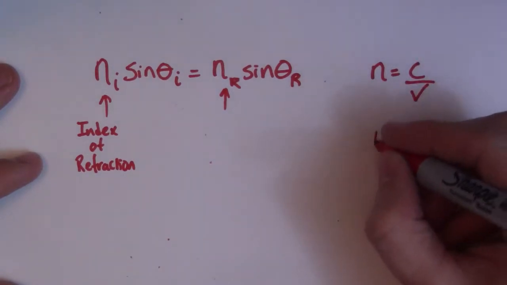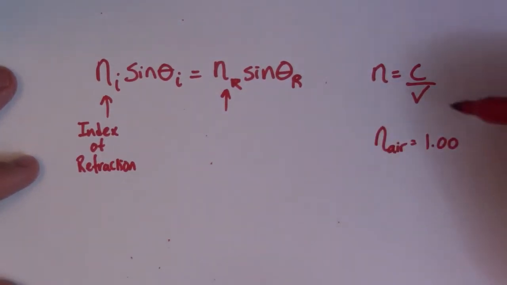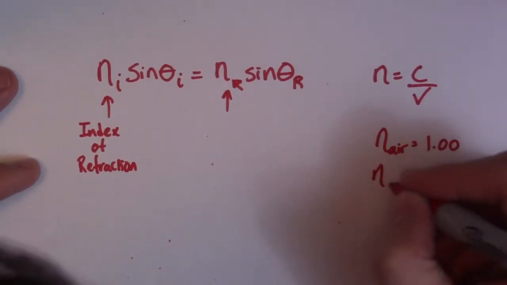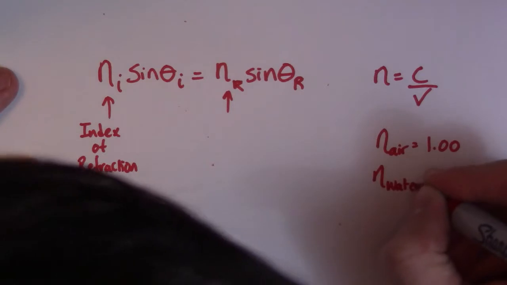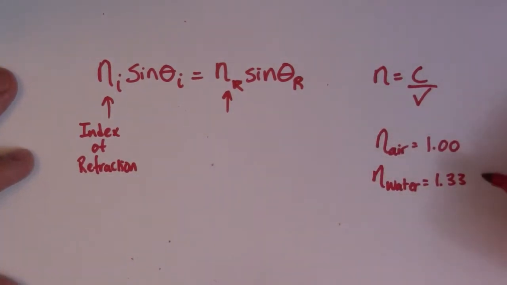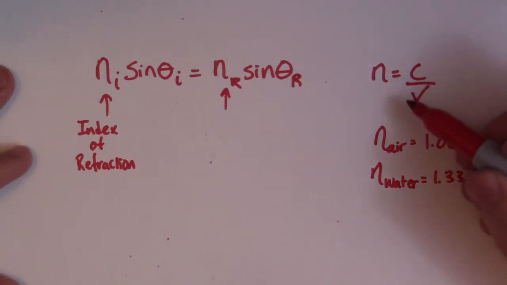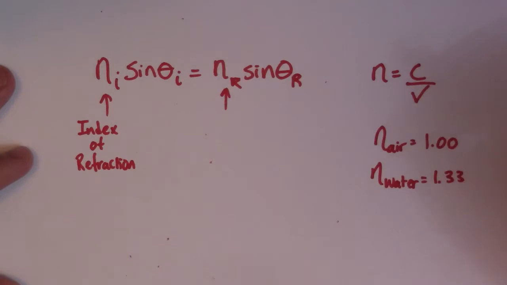So for example, N of air is 1 because we assume air to be almost like a vacuum, like light travels the fastest in this. Whereas N of water is actually 1.33. So light travels a little bit slower in water, so that's a bigger value. So this V would be less, so you get a number that's greater than 1.